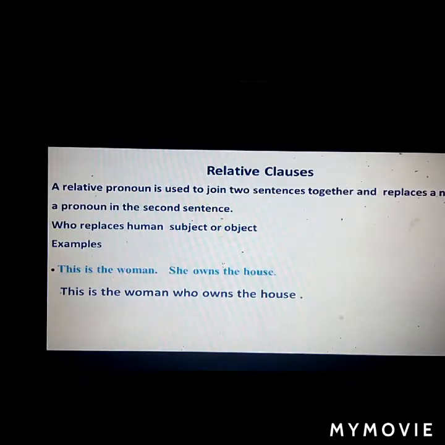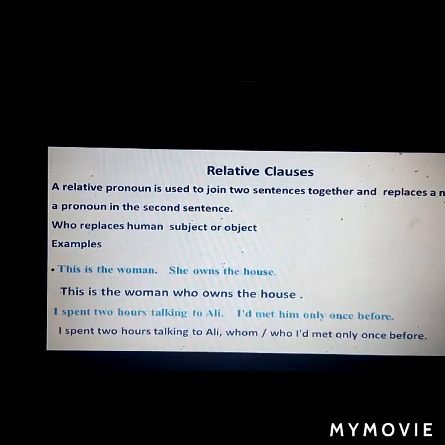I spent 2 hours talking to Ali. I met him only once before. عندي in second sentence Ali, and in first sentence Ali, and in second sentence him. Him refers to Ali, so I spent 2 hours talking to Ali, whom or who I'd met only once before.